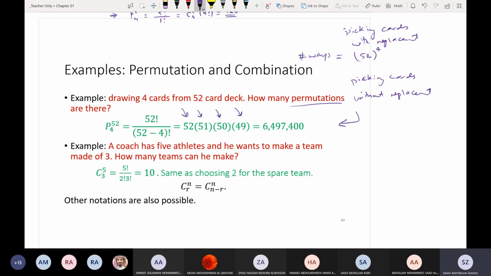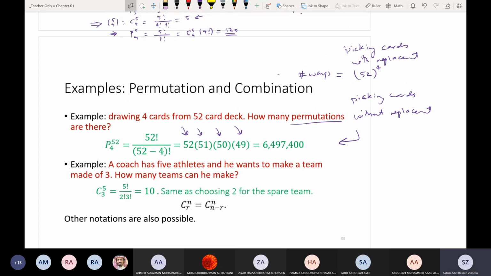Now, why is it important? Why do we do counting principles? Meaning, why did we do this? Because if I ask you what is the probability of picking 4 cards out of 52 cards with replacement, what does the answer come out to be, guys? This here is the number of ways.